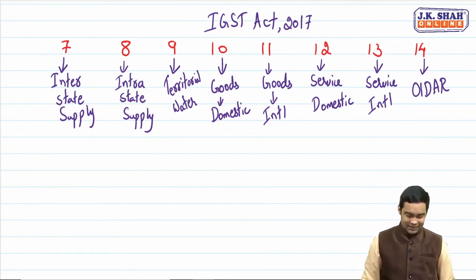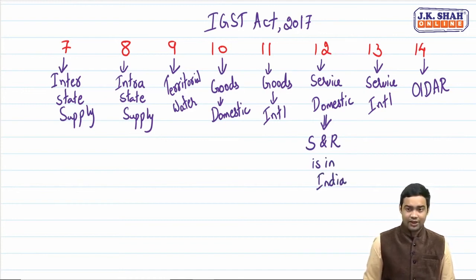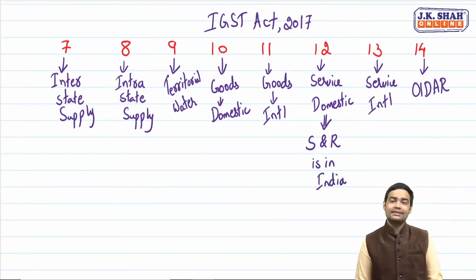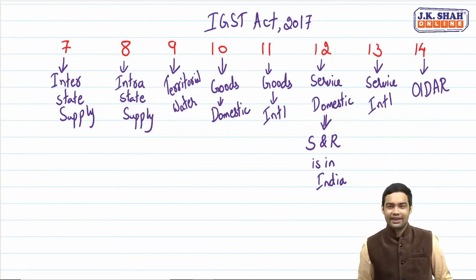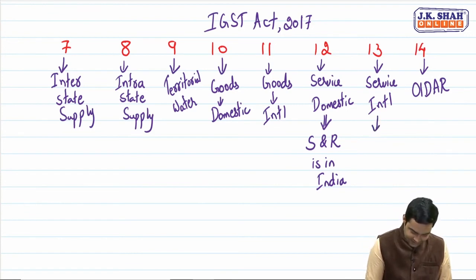Now whenever we say services domestic, we are saying that the supplier and recipient is in India. Be very careful. The supplier and the recipient is in India. When we talk about section 13, the supplier or the recipient is outside India.